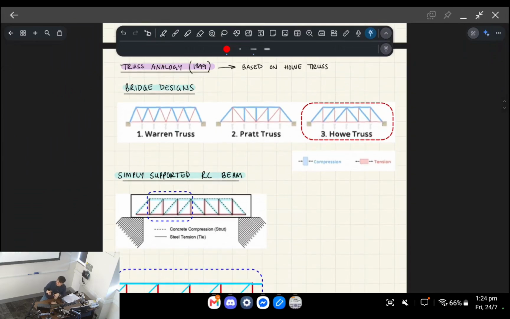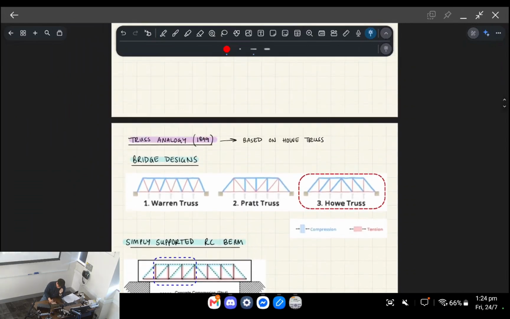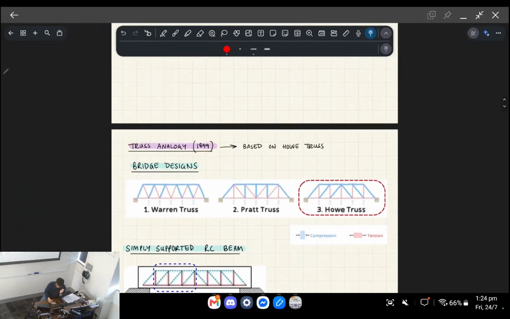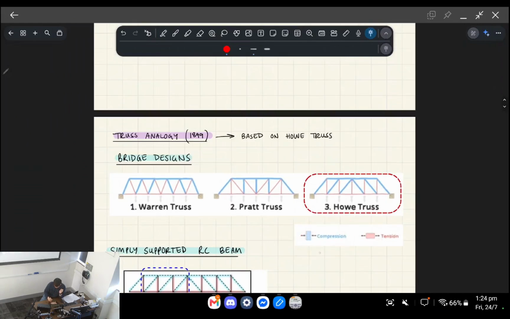In reality, a concrete beam is taking shear and bending, right? But we're gonna pretend that there is like a truss system within this reinforced concrete beam made up of steel and parts of it are concrete, okay?